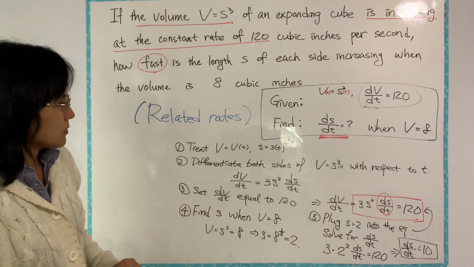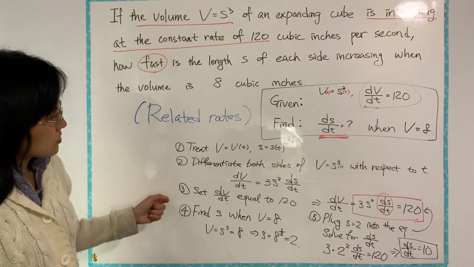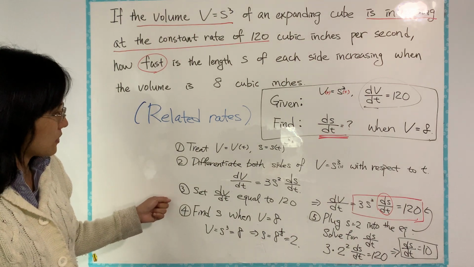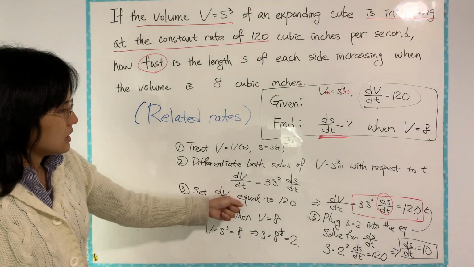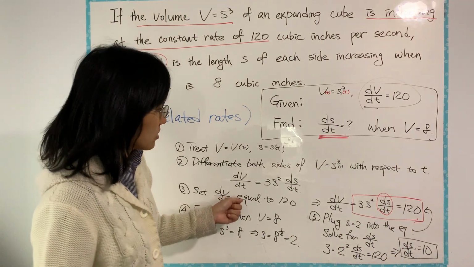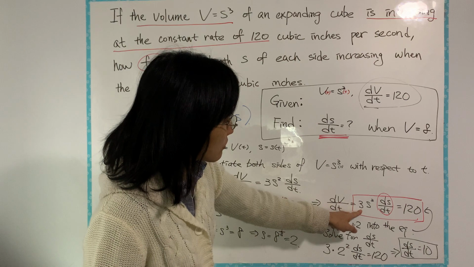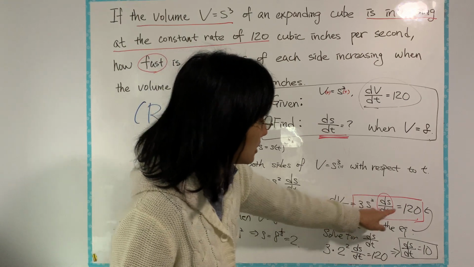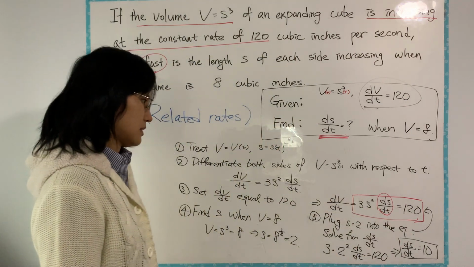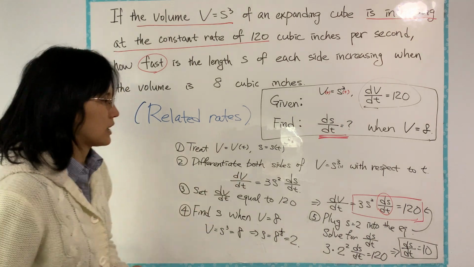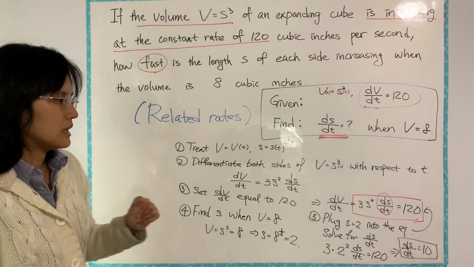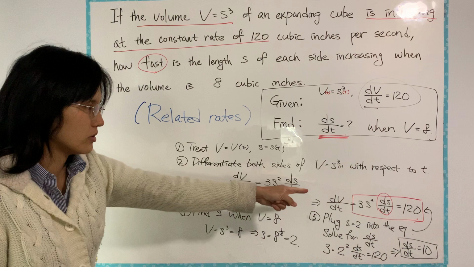Now you use the information dV/dt equals 120. That tells you 3S squared times dS/dt equals 120. You are trying to extract the number dS/dt from that equation.